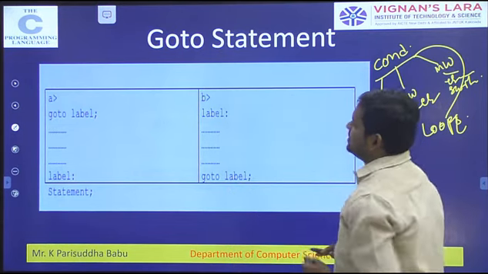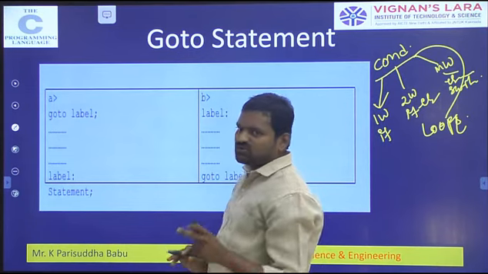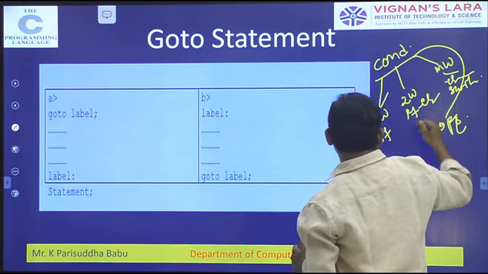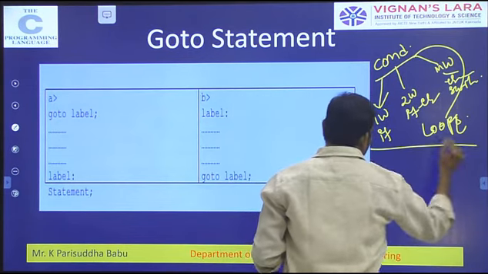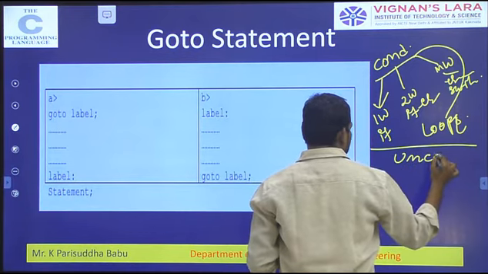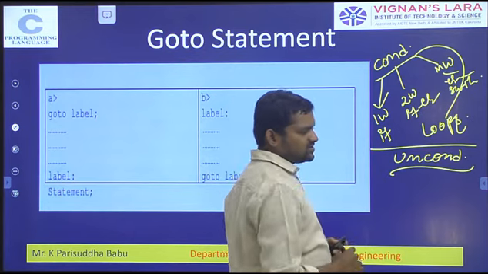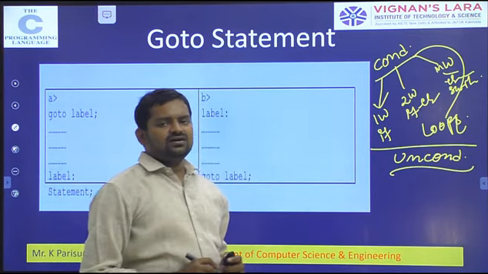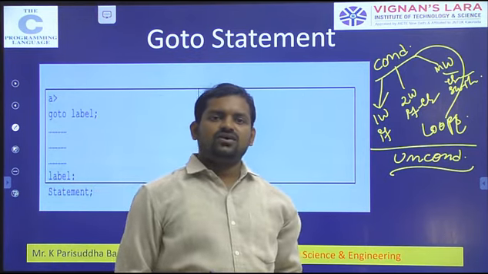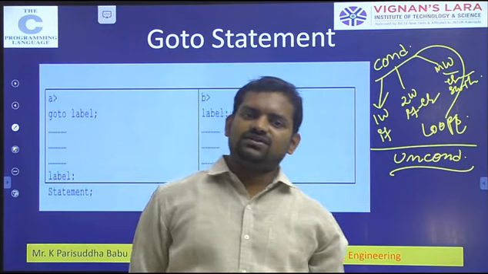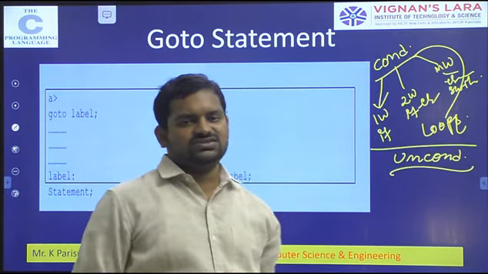So in the goto statement, there are two levels of goto. So from conditional statements, we come to unconditional statements. Unconditional statements are the statements which are not given any condition, but they are executed and they skip the instructions.